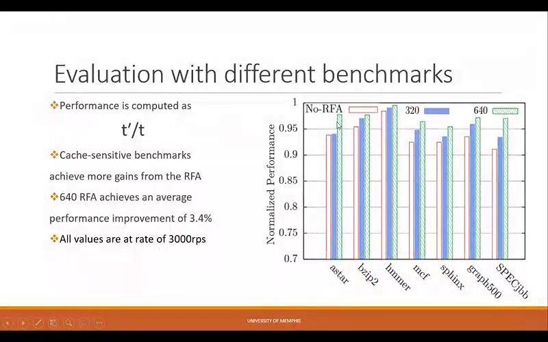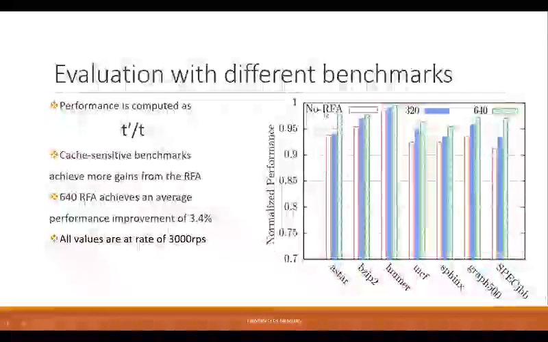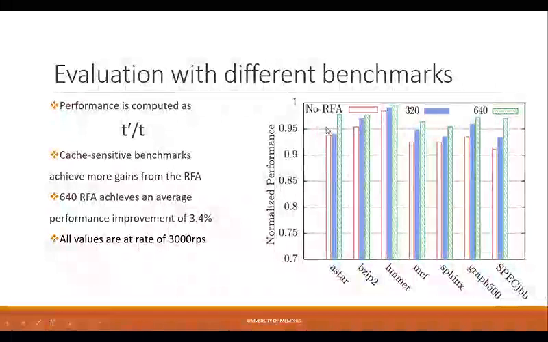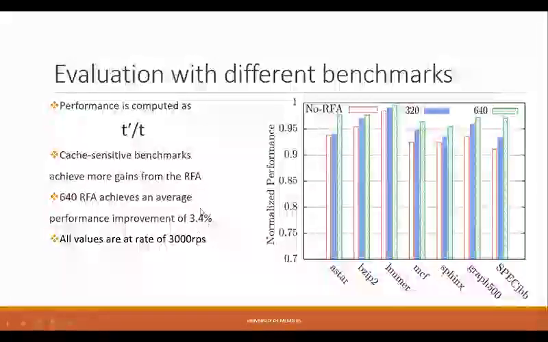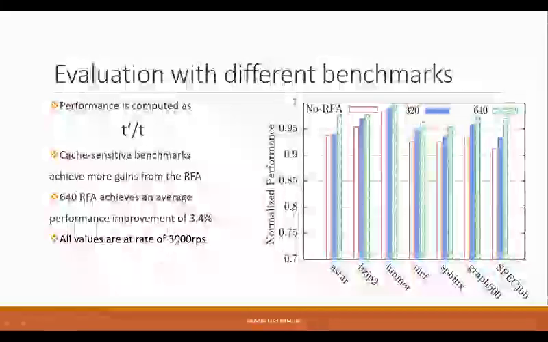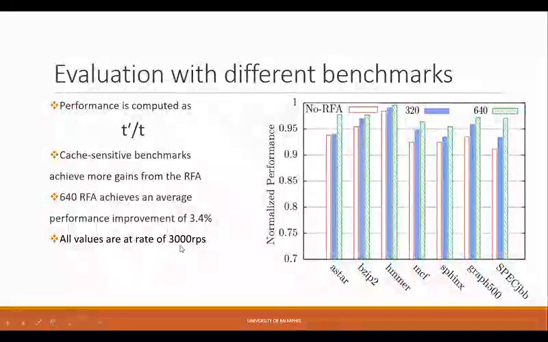So the longer, that means that we are closer to the ideal situation. So it is the longer the better. We are able to achieve some performance improvement like 3.4 in the case of 640 RFA. And all these experiments were actually running at a request rate by the load generator of 3,000 requests per second, which represents the legitimate metric.